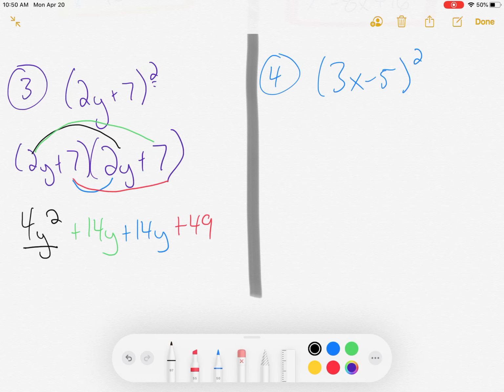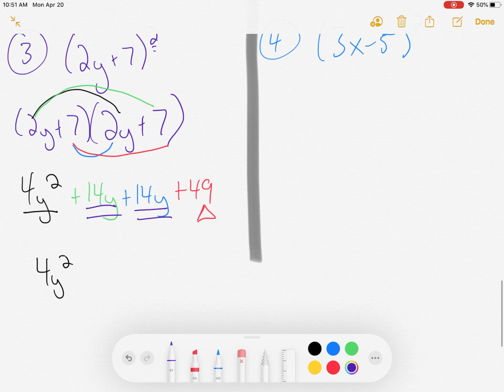Again, I'm going to sort these by like terms. I have 4y squared. On the inside, what color did I not use here? I did not use purple. On the inside, I have 14y plus 14 more y right there. And on the end, I have just 49. Again, I'm underlining these by like terms. So in other words, same letter, same exponent.